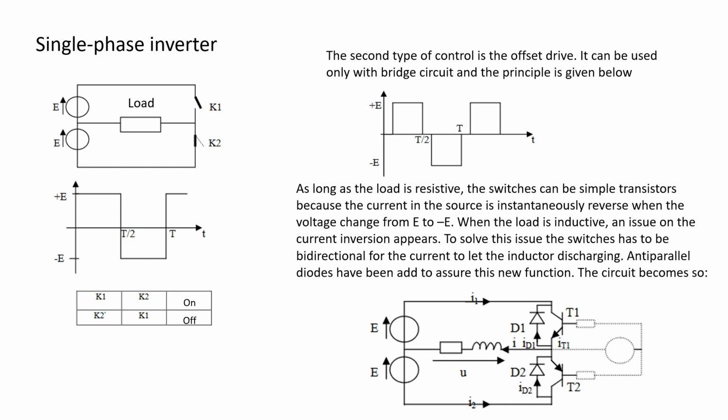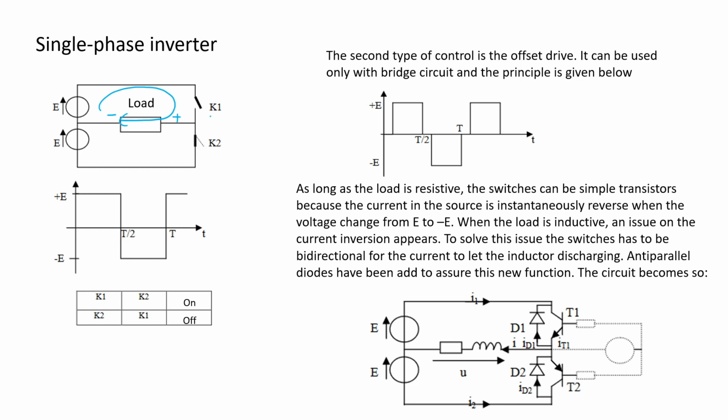So look, when you turn on K1 and turn off K2, then you have current flow only this way. So look at the load, if I say this is positive terminal and this is negative terminal, then you see that the current flows from plus to minus.